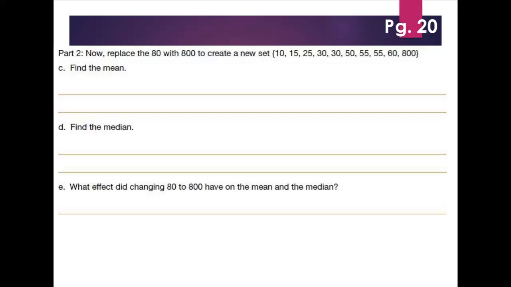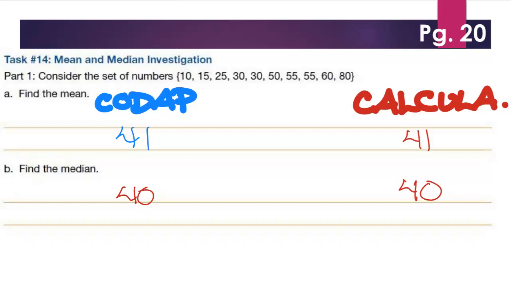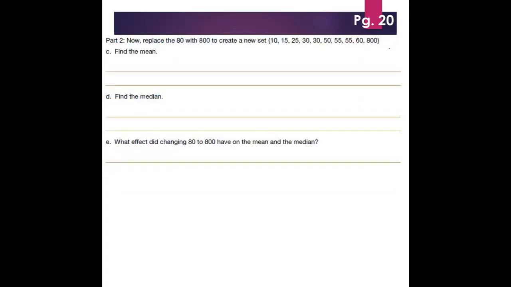Wait. No, because you went early. Well, that's good, I guess. So, CodeApp people, do you have a new mean? So, did you change 800 in your table and put in 800 instead of 80?